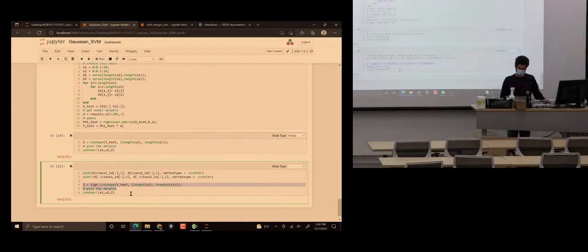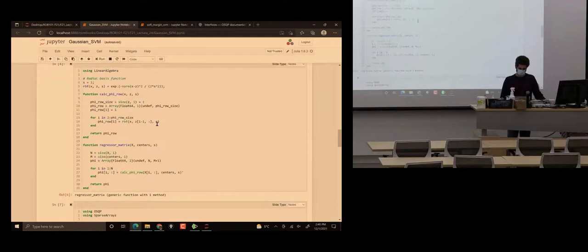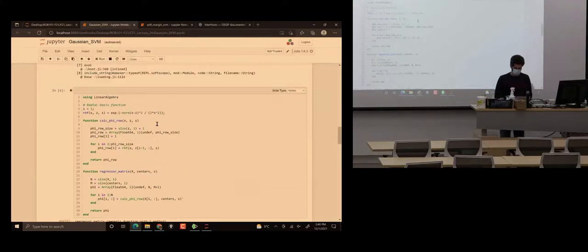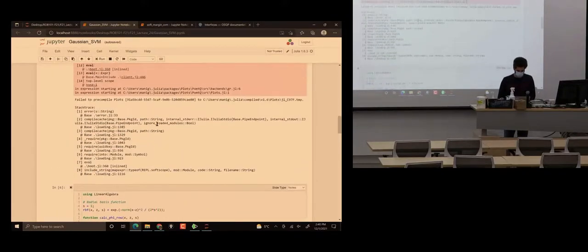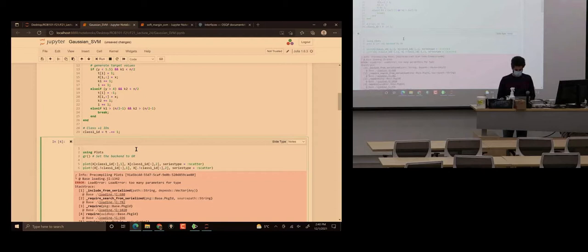Let me try again to see if I can fix the package. We've seen the figures in the PDF. It's nice if you can run it here. Maybe I don't have the, but this is strange because I used plots before in previous lectures.